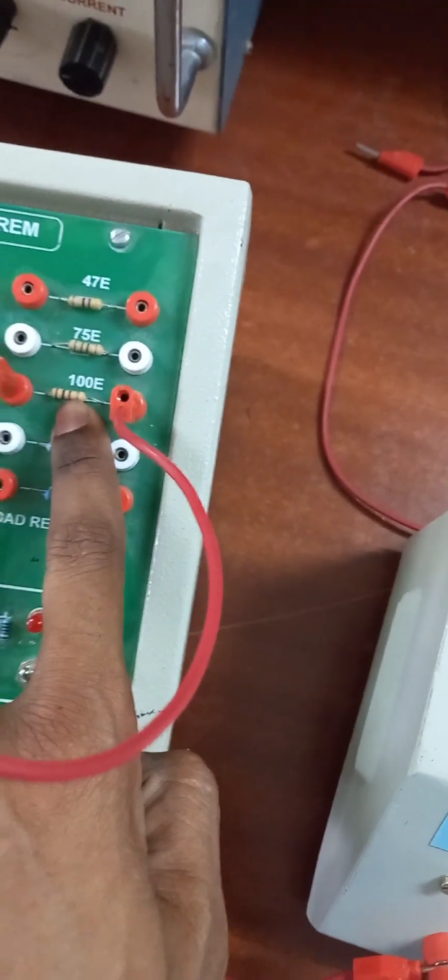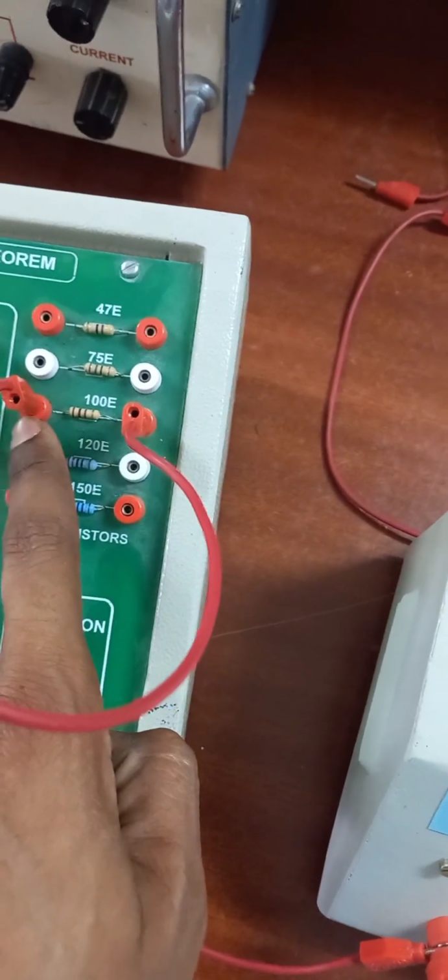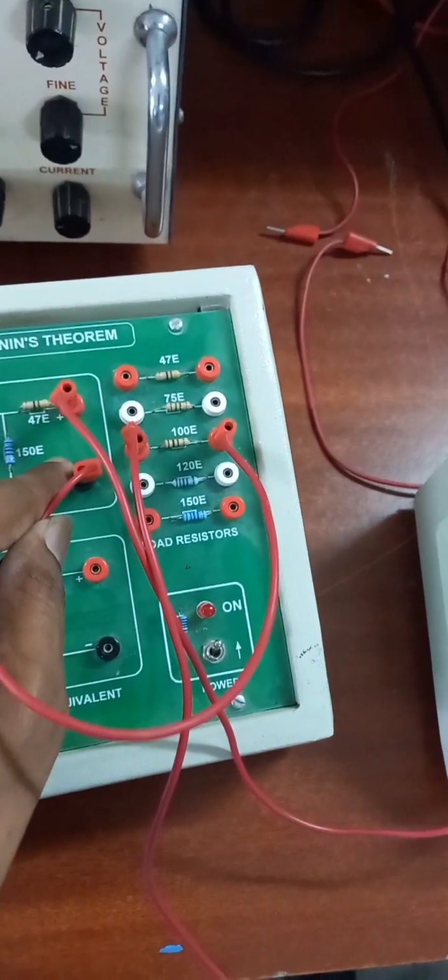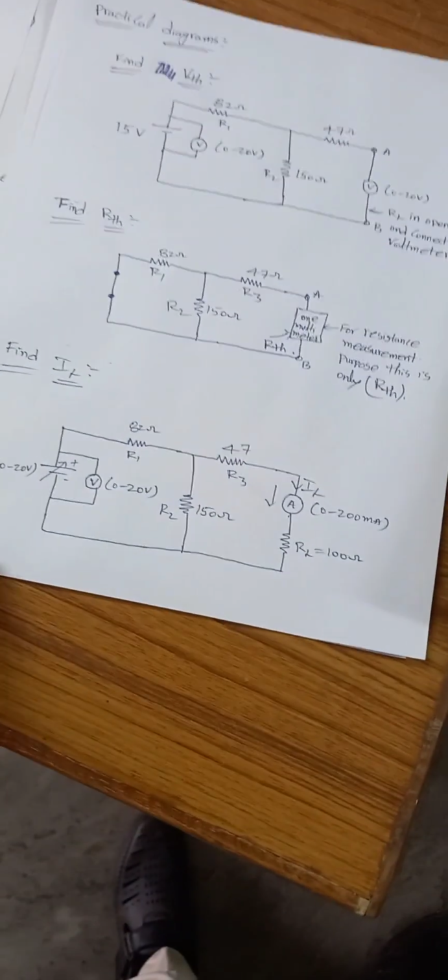That 100 ohms I have connected. The second terminal of the load resistance will be connected to the circuit, in the sense the negative terminal. Then I am going to turn on the power supply.